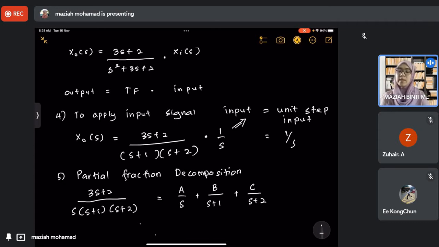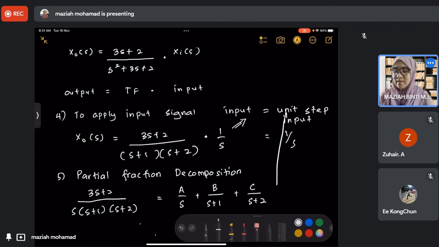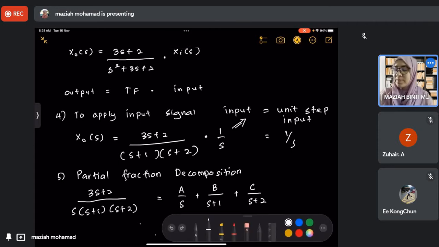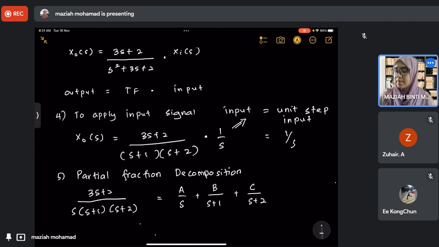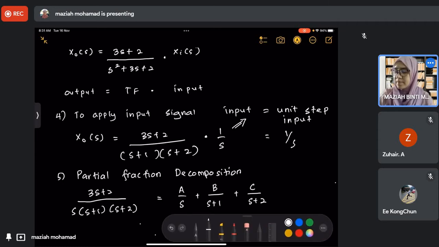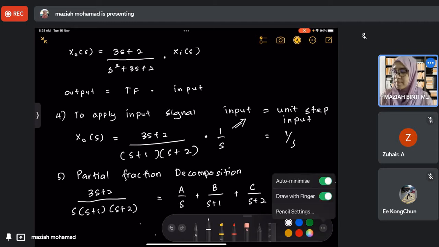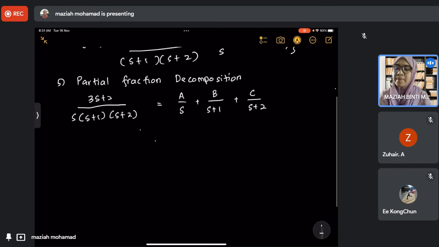Okay, so now this is in partial fraction decomposition. All right, so now we need to solve for A, B, and C. Okay, what is the value for A?